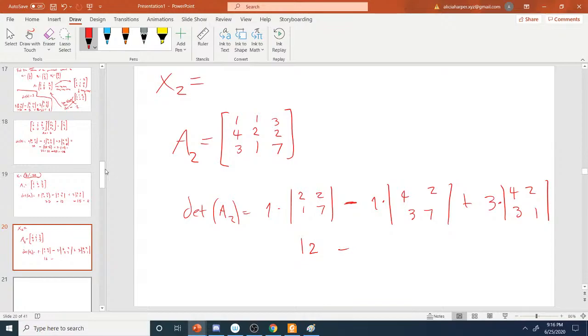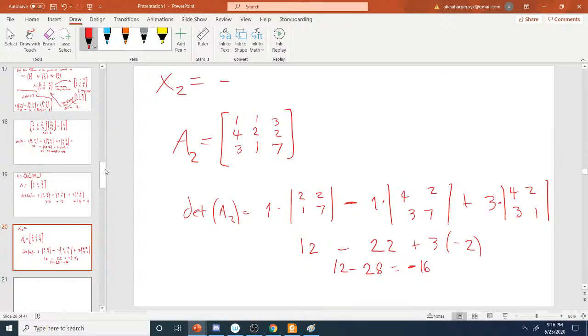This right here, 4 times 7 is 28. Minus 6 is 22. So we'll have minus 22. And then plus 3 times negative 2. So I'm going to have 12 minus 28, which will be the same thing as negative 16.